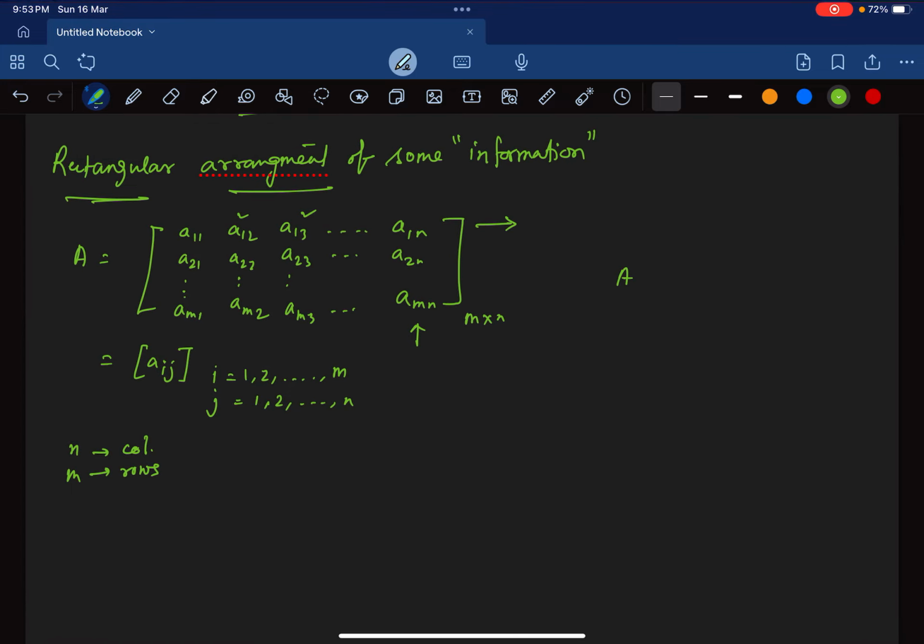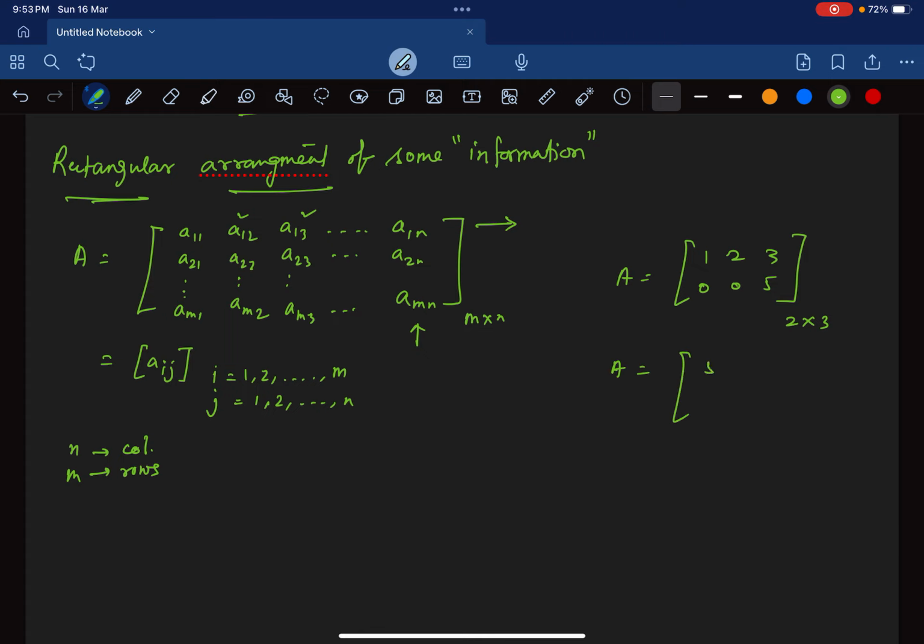One simple example of such a matrix is A is equal to 1 2 1, 2 3 suppose 0 0 5. Here 2 rows and 3 columns, so a 2 cross 3 matrix.